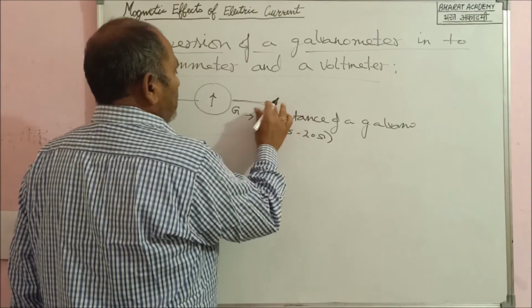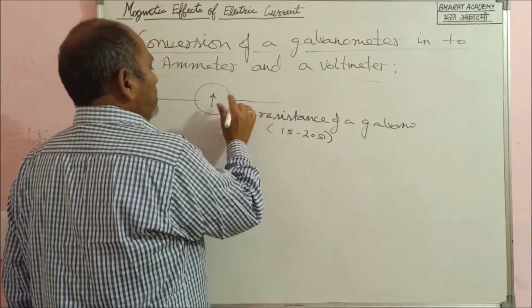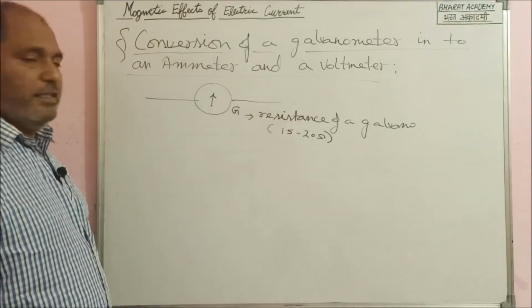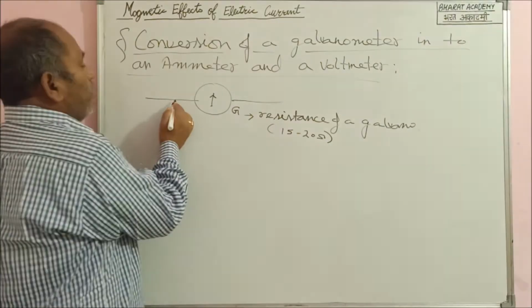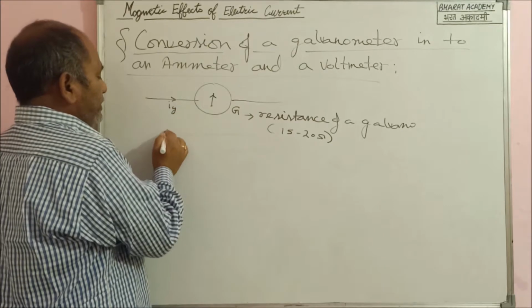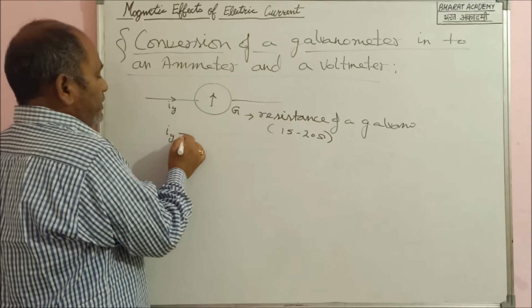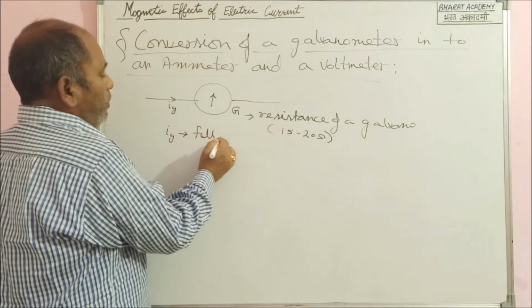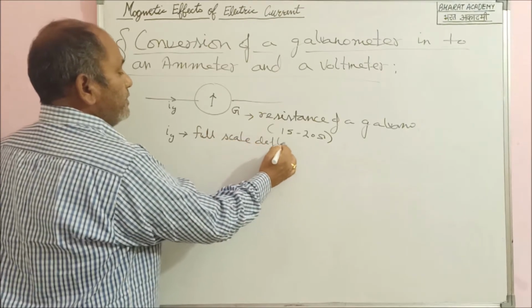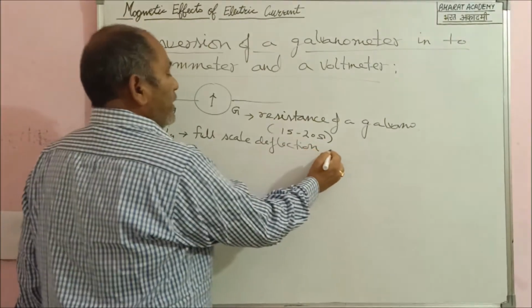Second thing, it simply detects the presence of electric current in the circuit, so it allows only a small amount of current to pass through it. That is called IG, the full scale deflection current.